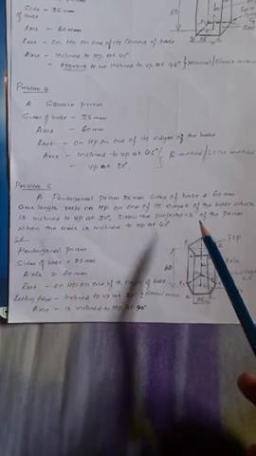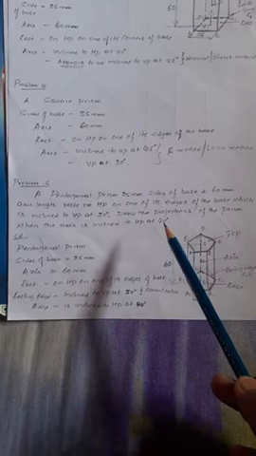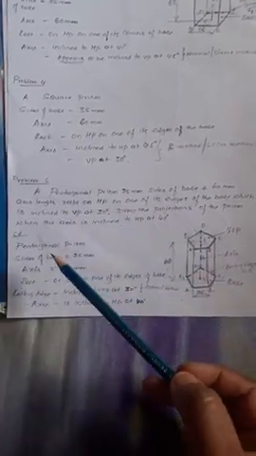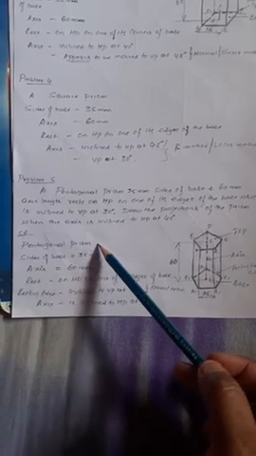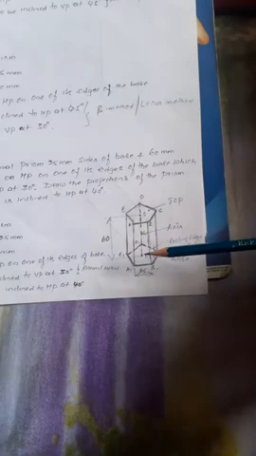Draw the projections of the prism when the axis is inclined to HP at 40 degrees. Now read the problem once or twice, then write the given data. What type of solid is given? It is a pentagonal prism. The base, meaning the bottom face and top face, has what shape? Pentagonal shape, a regular pentagon. What size? 25 mm sides.